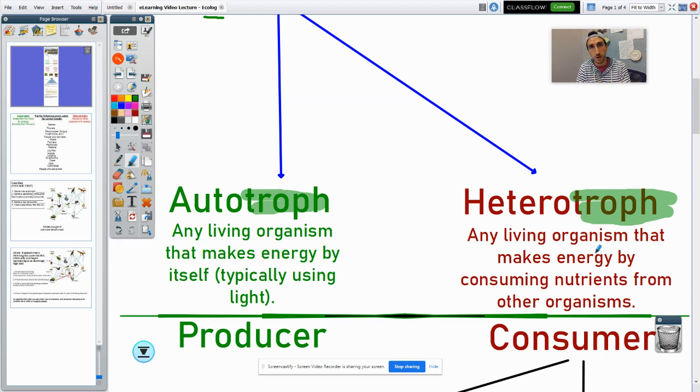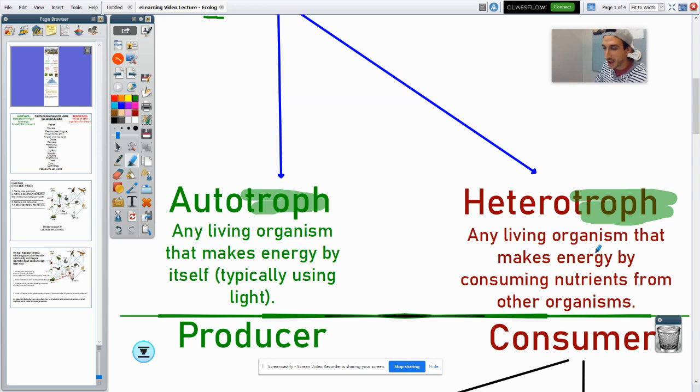Heterotroph. Hetero means different. The first one that comes to mind is heterosexual, right? You are attracted to the different or another sex. So hetero means different. So energy different, or different energy. Heterotroph, as you can see here, is any living organism that makes its energy by consuming nutrients from other organisms, or different organisms, right?